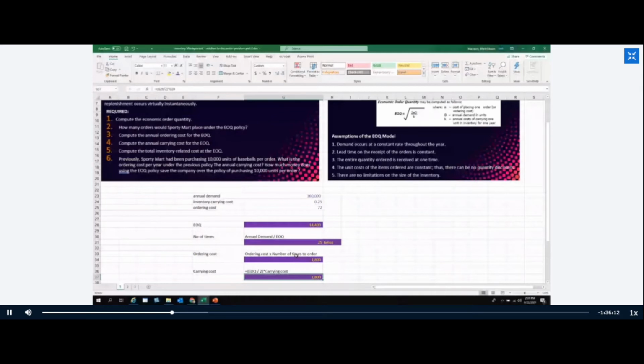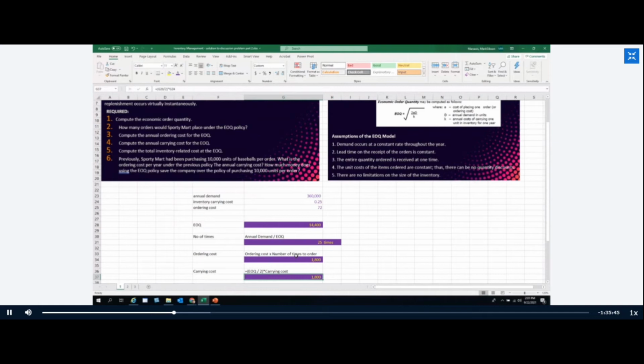Kasi syempre, whenever you order, there's the cost, no? And whenever you purchase inventory, you have to handle it, no? There's carrying cost, no? So basically in EOQ, we're making sure that we minimize these costs, and that's why we're saying that in EOQ, your ordering costs and carrying costs are the same.